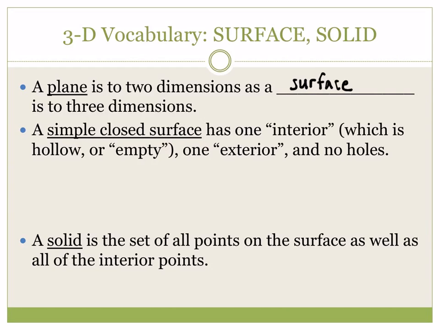A simple closed surface has one interior, which is hollow or empty, and one exterior, and no holes. Okay, so you want to imagine like the box with the lid on it, not the box that's open. So there's definitely an inside of the box and there's definitely an outside of the box. What you don't want to imagine is a donut, right?